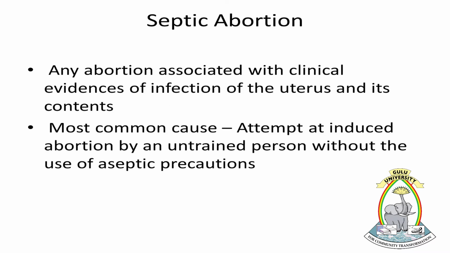A septic abortion is when infection has entered and infected the product of conception within the uterine cavity. This is something which is gross, and it can lead to a lot of complications. And if anything, it should be avoided.